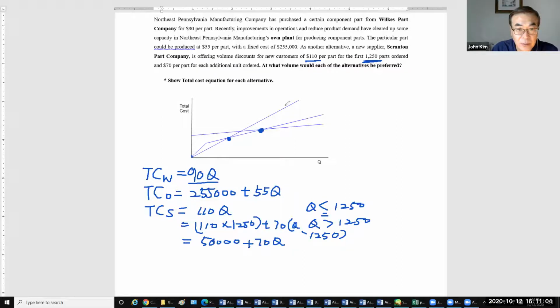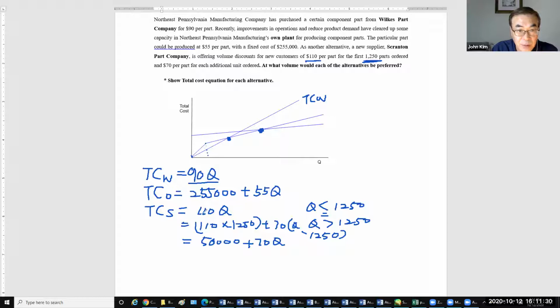So this line will be TCW. And the next one, this one, increasing rate is high, but later from this point, the increasing rate is smaller than this one.